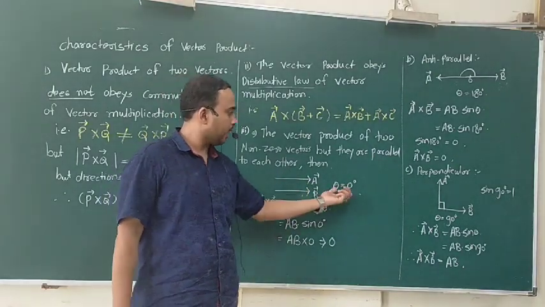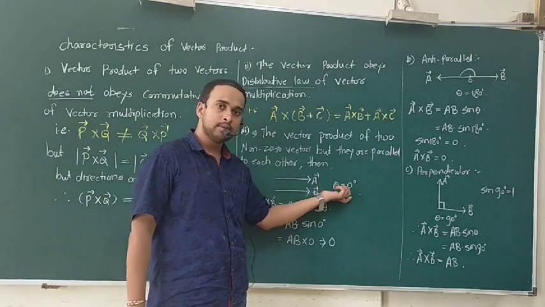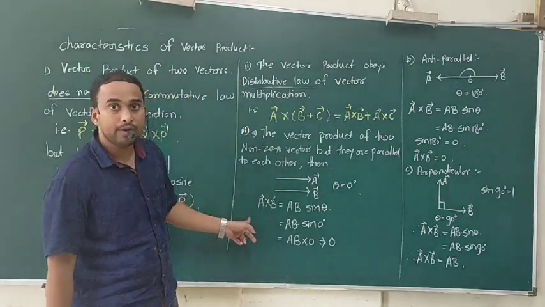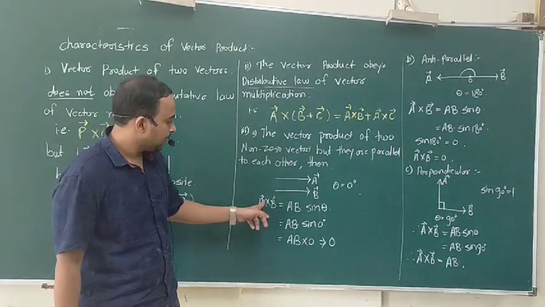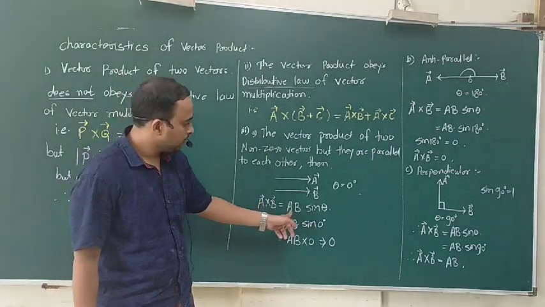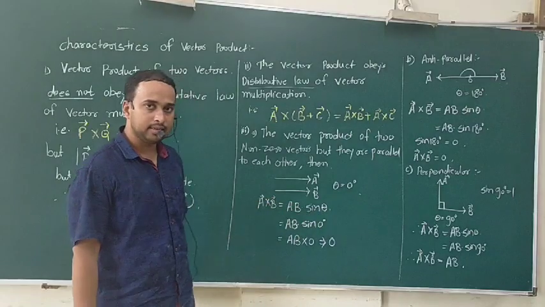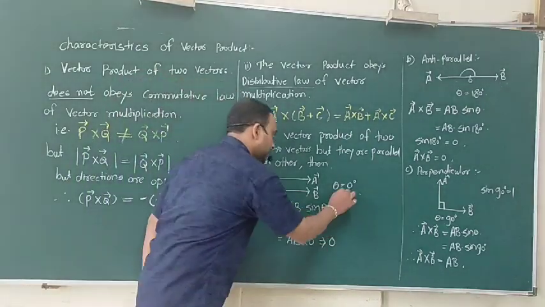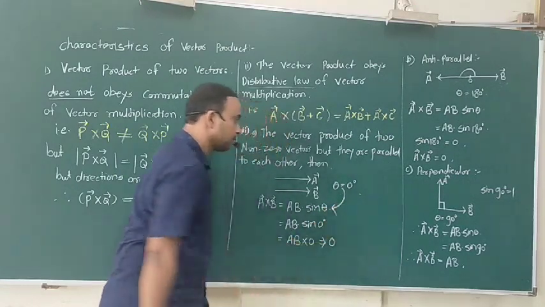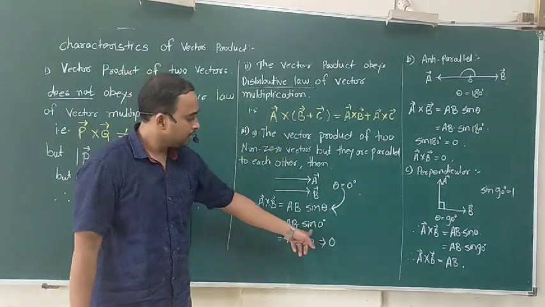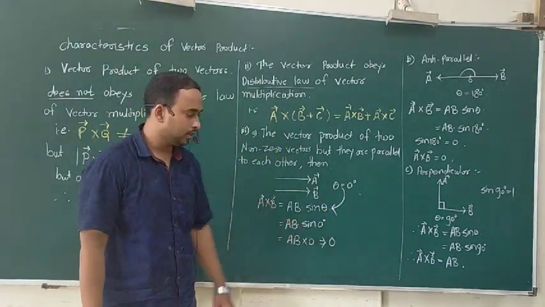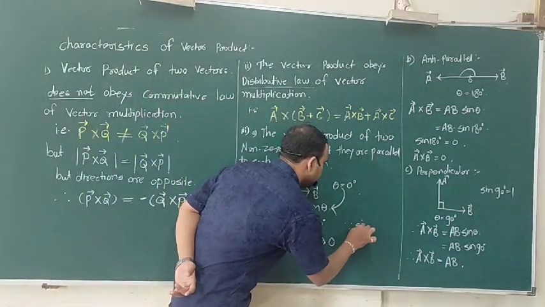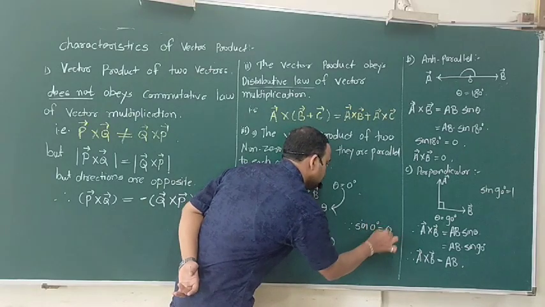That means the angle between these two vectors is 0 degree. So according to the definition of vector product, a bar cross b bar is equal to ab sin theta. So substituting the value of theta, we get ab into sin 0 degree. We know that the value of sin 0 is 0.